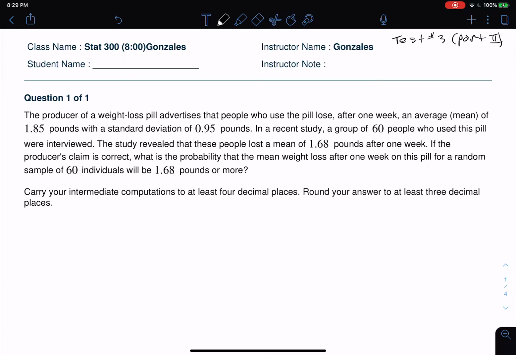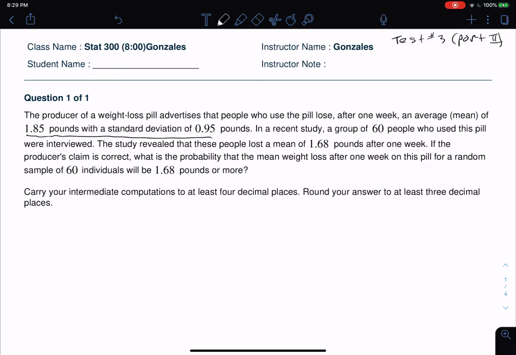It says the producer of a weight loss pill advertises that people who use the pill lose after 1 week an average mean of 1.85 pounds, with a standard deviation of 0.95 pounds. Now this is the producer of the weight loss pills, so this is not a study. This is not a survey.